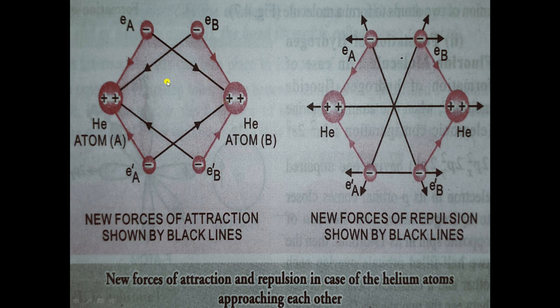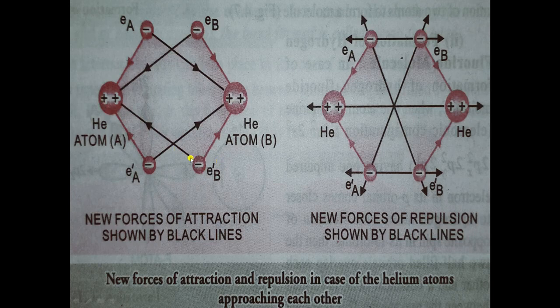The force of attraction is between the nucleus of the first helium atom and the electron of the second helium atom. So can you see the black line? You have to see the black line. Positive, negative, so there is a force of attraction. Similarly, the nucleus of the first helium atom will be attracted to the other electron of the second helium atom.